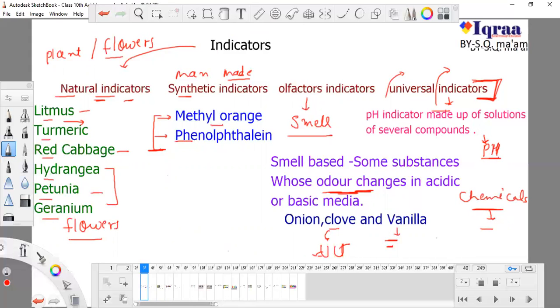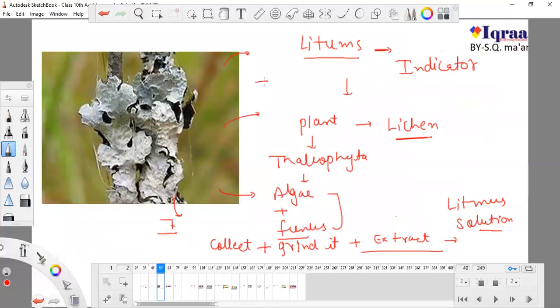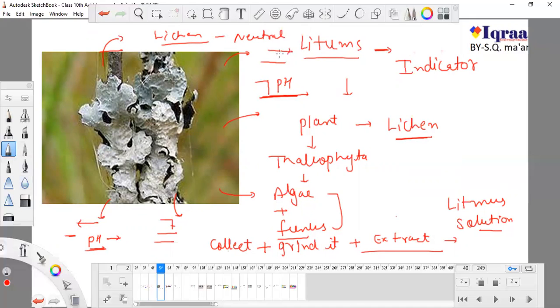Different types of plants have different pH. Some plants, like mint, chickpea leaves, mango leaves, or guava leaves, all have different tastes and different pH. Some are acidic, some are basic, and some are neutral. But right now we are studying this lichen, which is definitely neutral with pH 7, and we can obtain litmus from this.